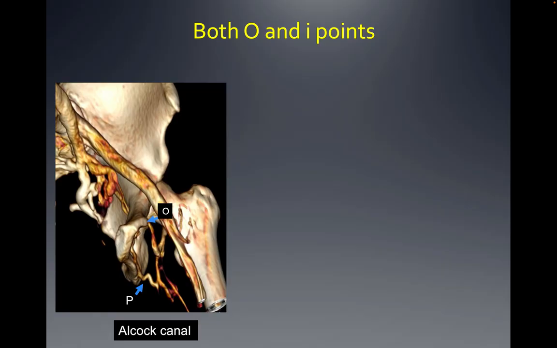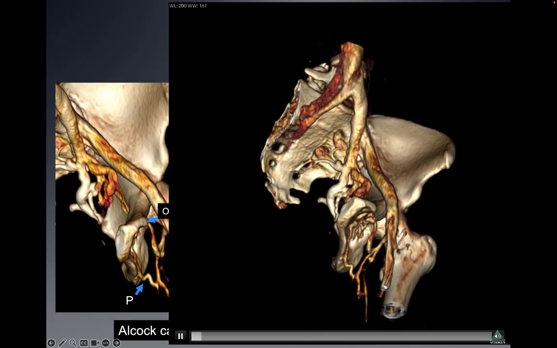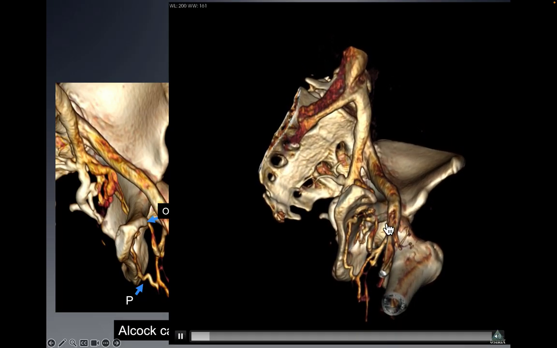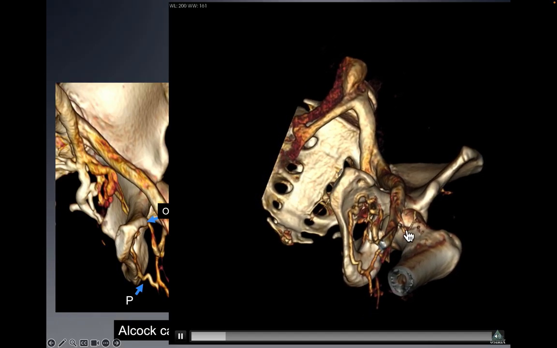The 3D reconstruction with 3D modeling is showing more in detail. The O point you see here coming from the obturator hole, and the P point here. And this animation is showing more things. You see here the obturator hole and the obturator vein joining the femoral vein here.